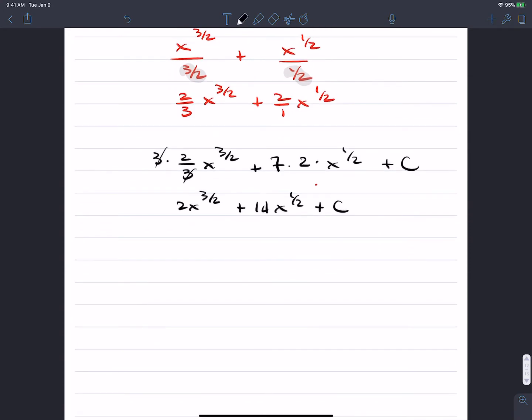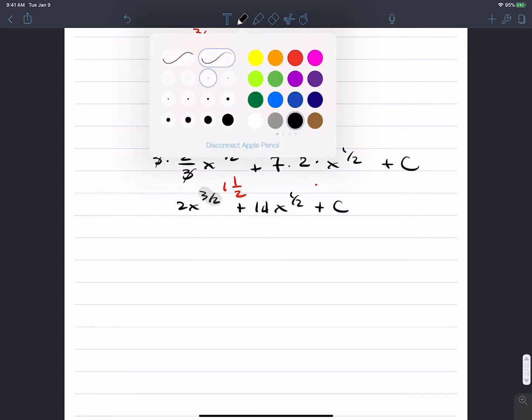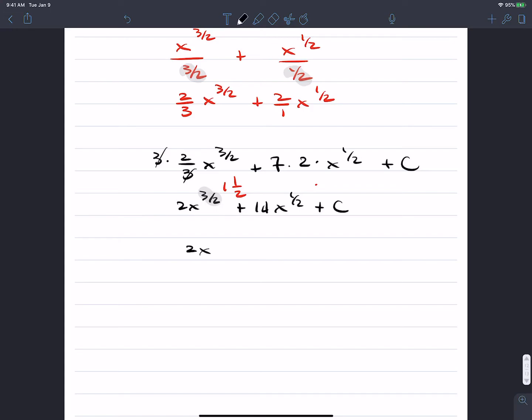Now remember here, what you have by definition, x to the 3/2 will be the square root of x cubed. Now that's a radical that can be simplified. So my recommendation is to look at that power of 3/2 and write that as a mixed number, which is 1 and 1/2. And so you're going to get, like we've seen already, 2x to the 1 times x to the 1/2 plus 14x to the 1/2 plus that c.